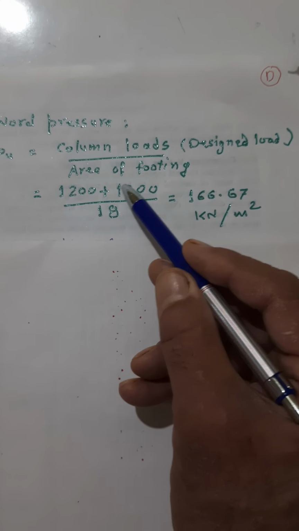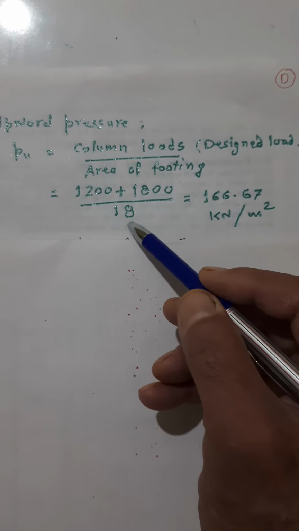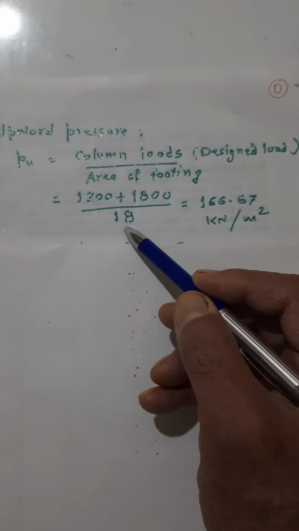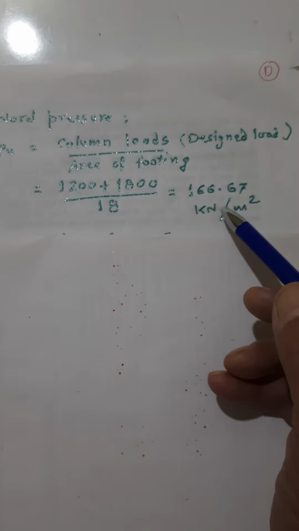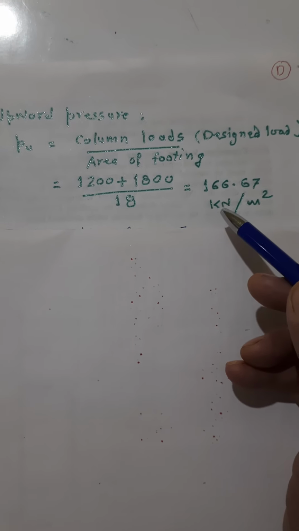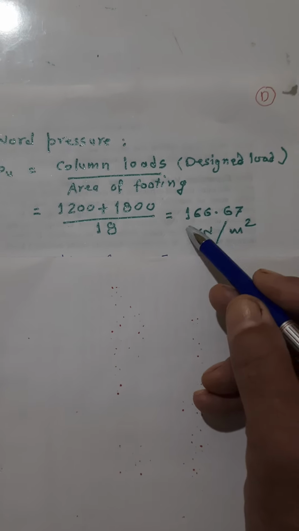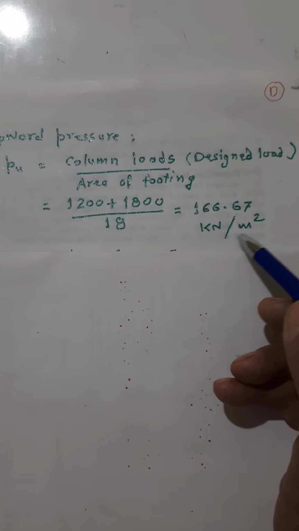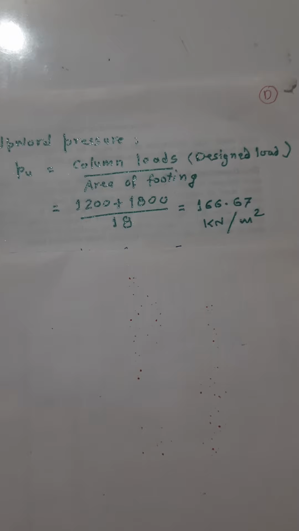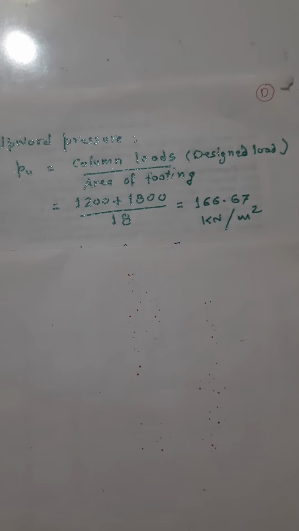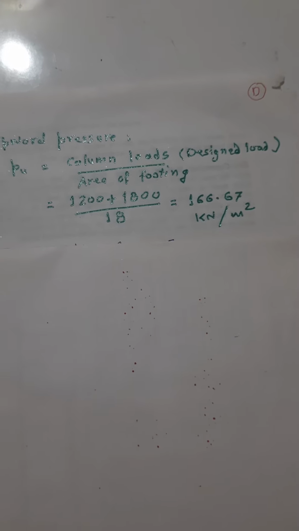So W1 plus W2 upon total area of 18 meters square will give the net upward pressure of soil as 166.67 kilonewton per meter square.